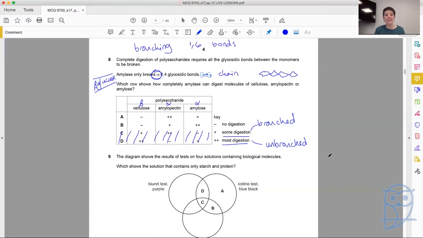So who is branched out of amylopectin and amylose? It is amylopectin. Amylose is unbranched. It's the one that coils up. So amylopectin must have some, and amylose is most. Our answer is B.